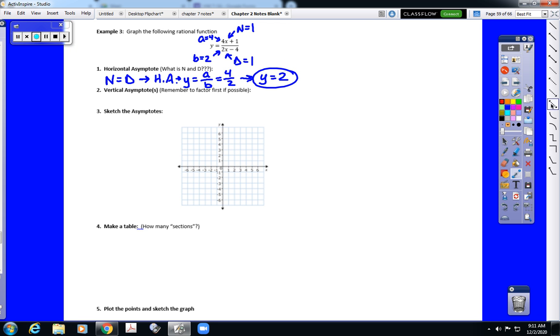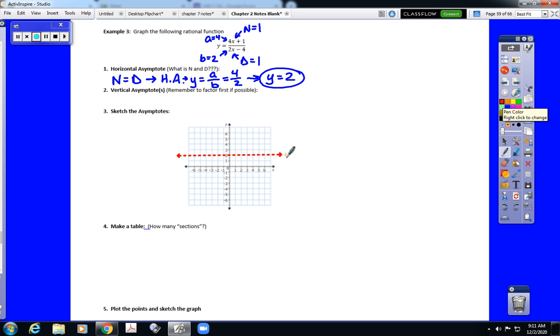So we can go ahead right now and graph a horizontal asymptote at y equals 2. Okay, this is the line y equals 2. That is our horizontal asymptote.